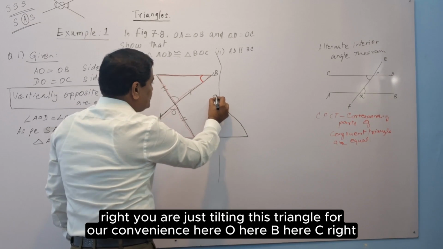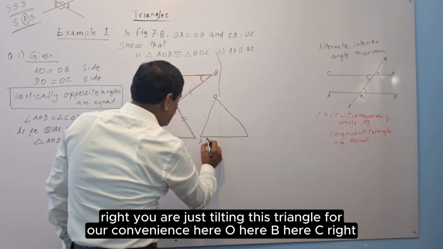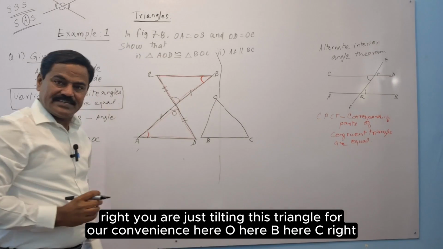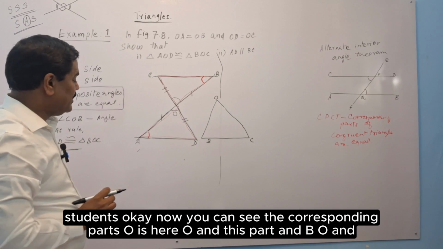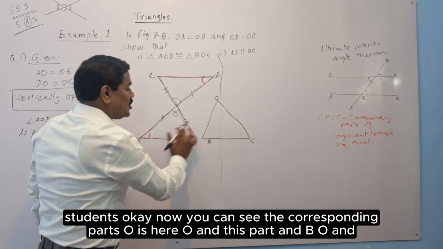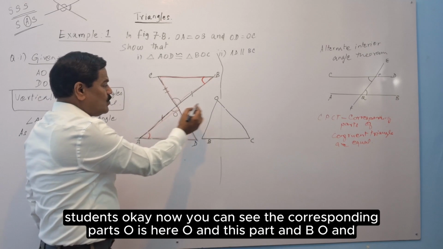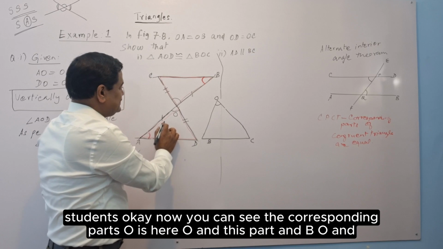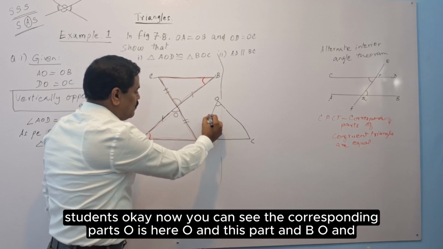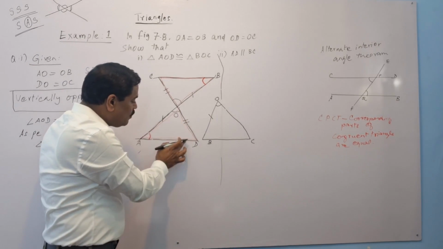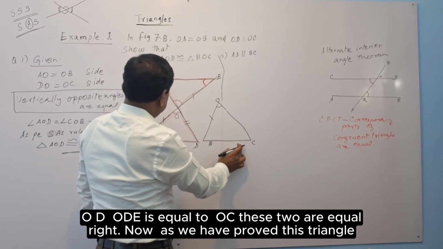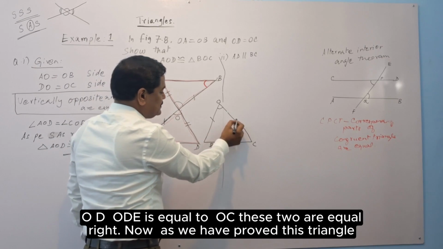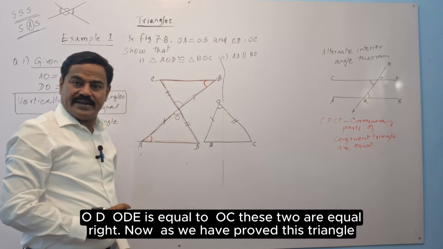Here O, here B, here C, right, students? Okay, now you can see the corresponding parts. O is here, and this part BO, and OD. OD is equal to OC. These two are equal, right?